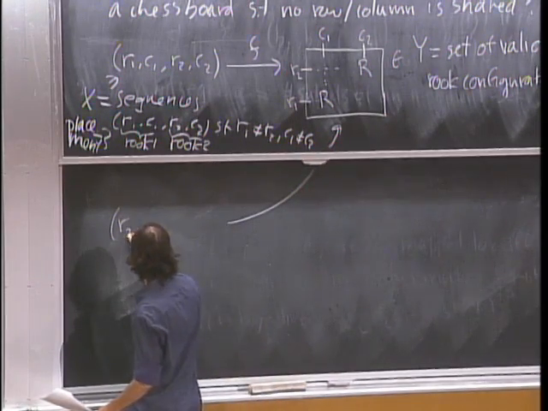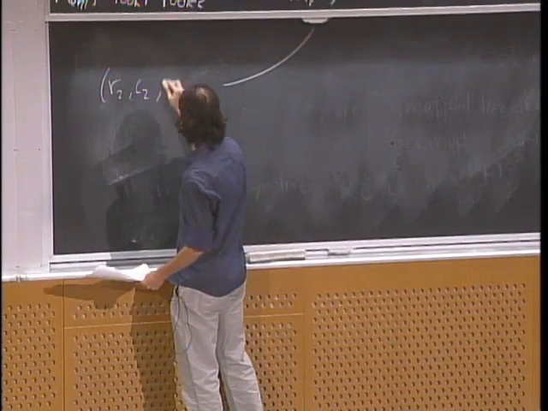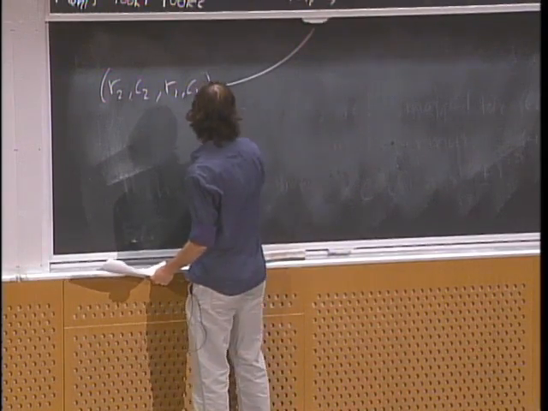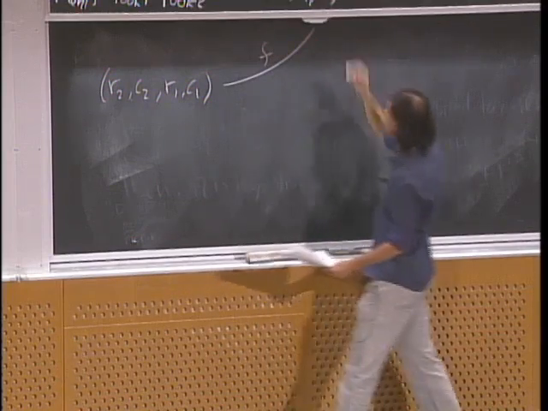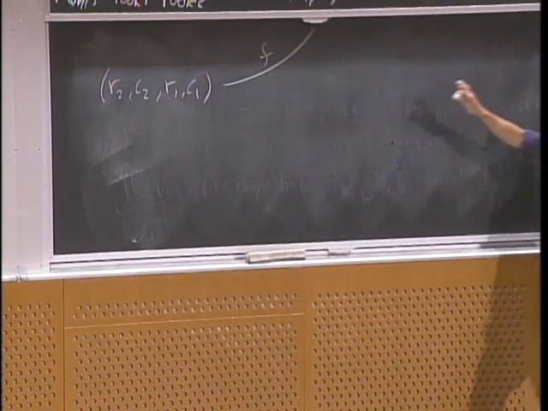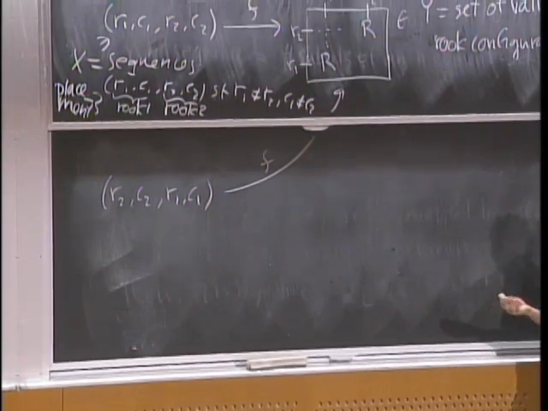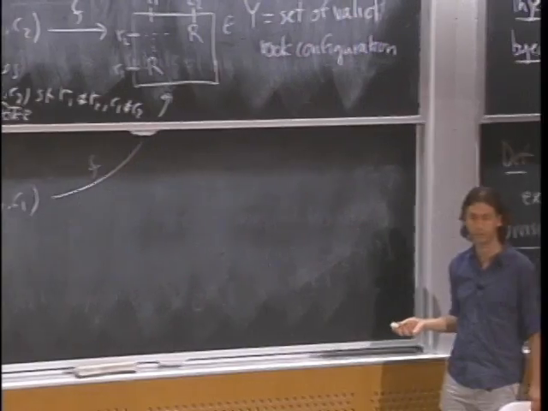We just swap the positions, so we have R2, C2, R1, and C1, which also maps under F to that same configuration. And those are exactly the two possibilities that map to this configuration. Every valid configuration is mapped to exactly 2 times.